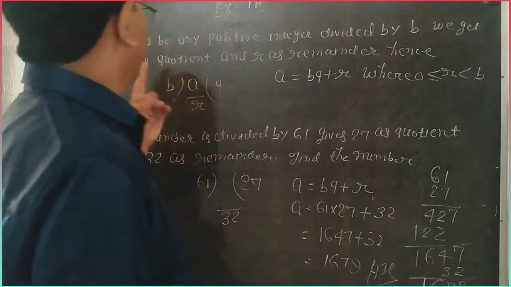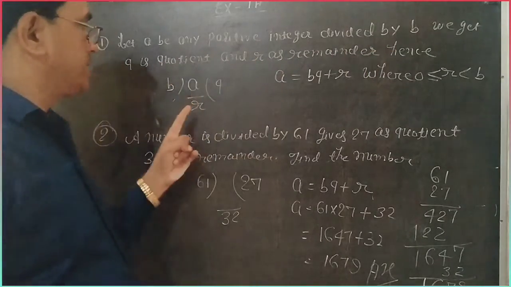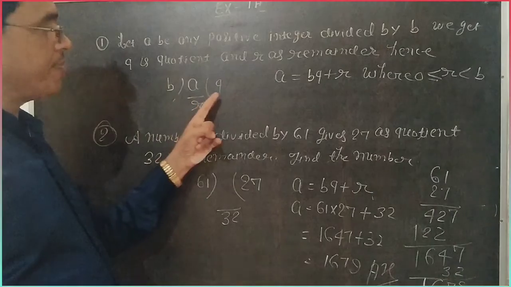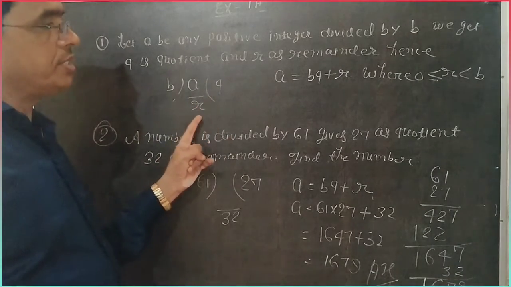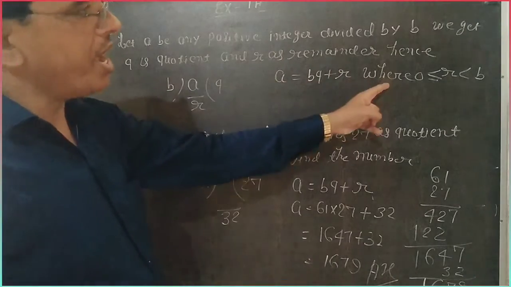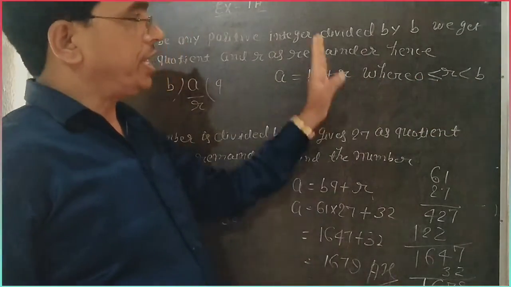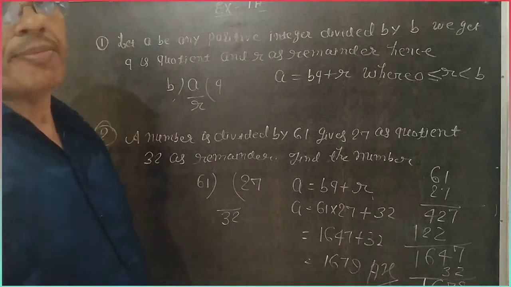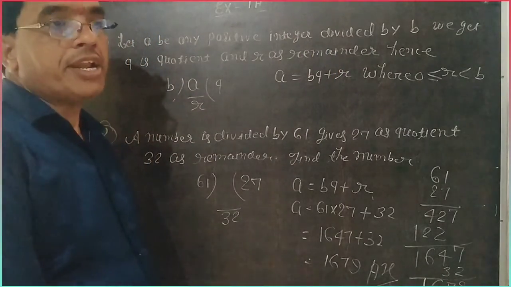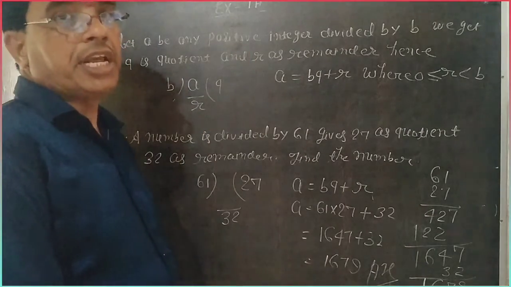We get q as the quotient and r as the remainder. Hence, when a is divided by b, we get quotient q and remainder r. So a is equal to bq plus r, where r is greater than or equal to 0 and less than b. It is called Euclid's division lemma. So when the question says state Euclid's division lemma, you can write this statement easily.